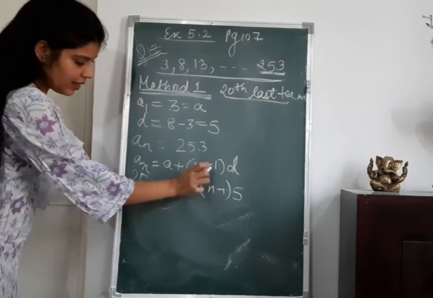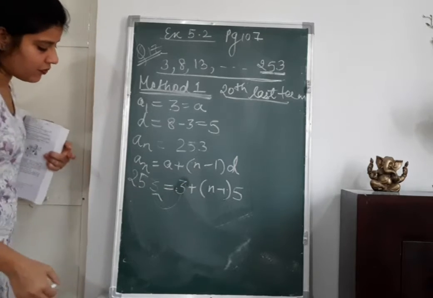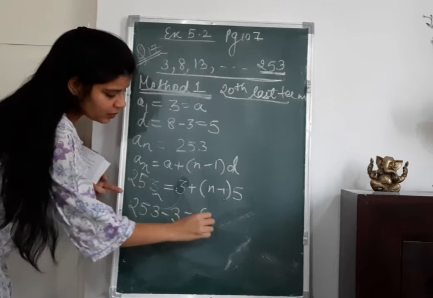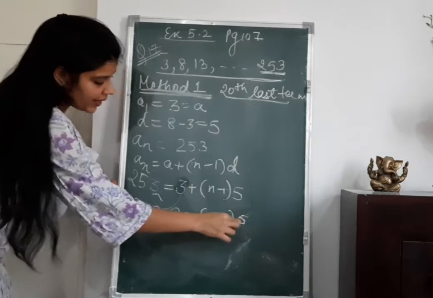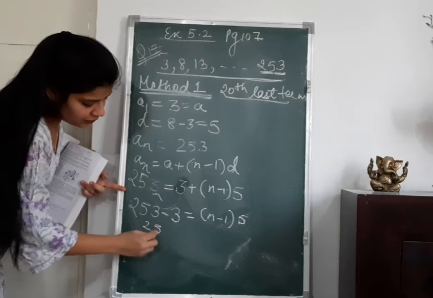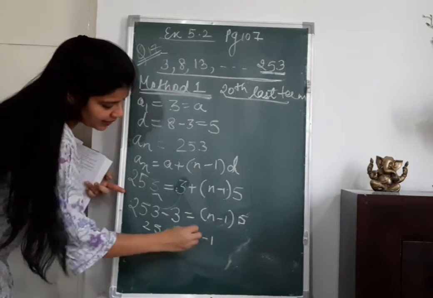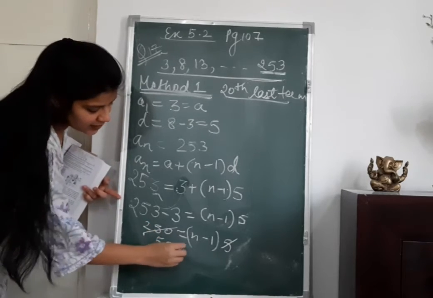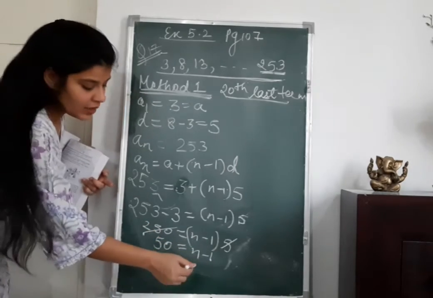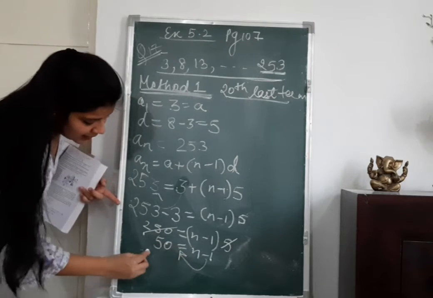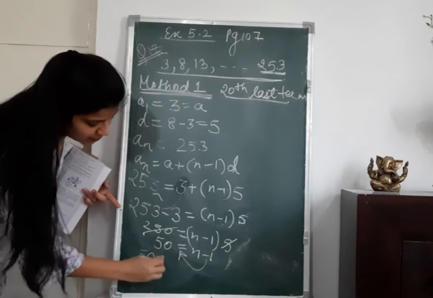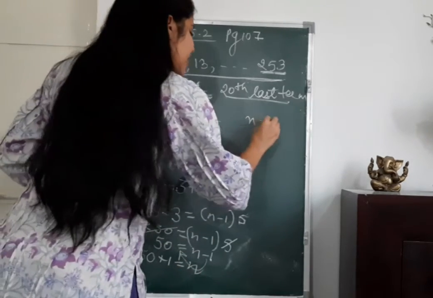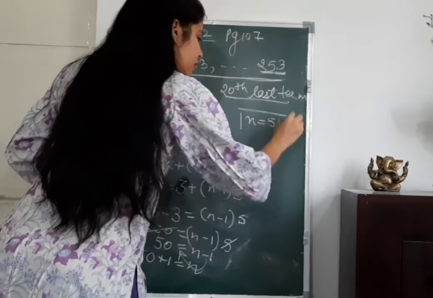Taking this 3 here, don't get confused, 253 minus 3 is equal to n minus 1 into 5. That is 250 is equal to n minus 1 into 5. This will get cancelled. That is 50 is equal to n minus 1. If I take 1 here, I will get 50 plus 1 is equal to n. Therefore, n is equal to 51.